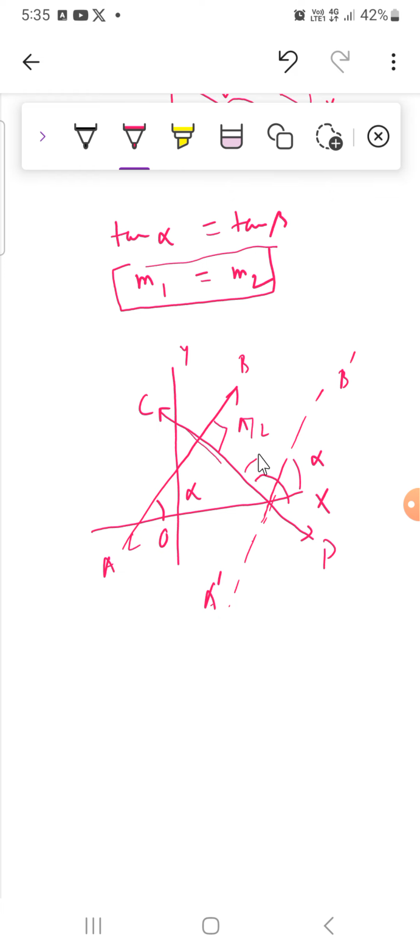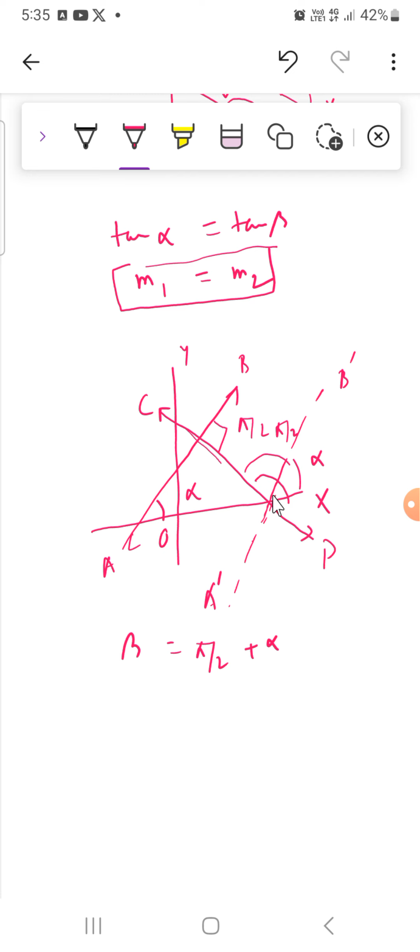So this angle must be pi by 2. So if the total angle made by the straight line CD is beta, this whole angle is beta. Then beta is equal to pi by 2 plus alpha, where alpha is the angle made by the straight line with the x-axis.